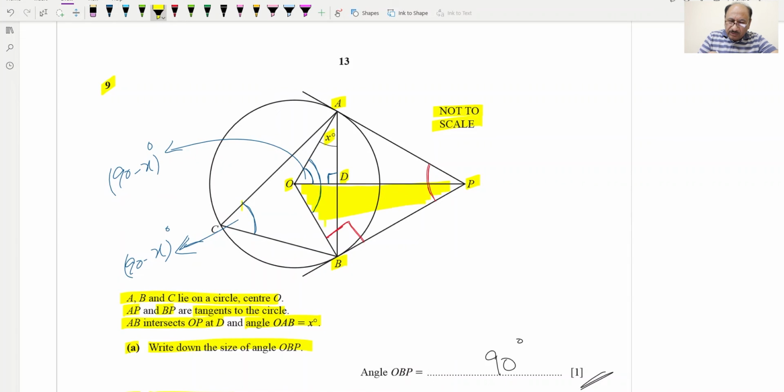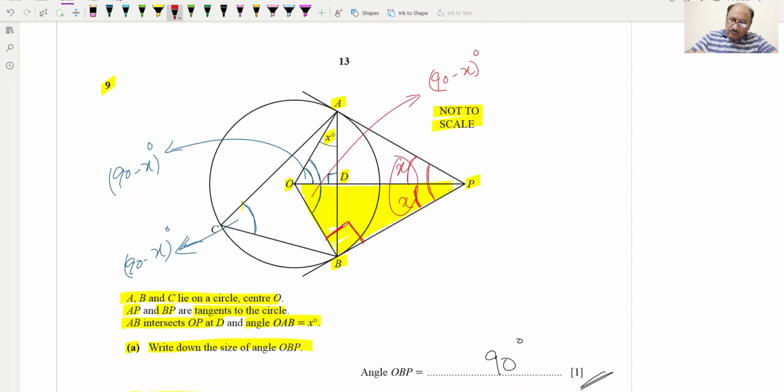In the lower triangle, we know that this angle is 90 minus x degrees, and this angle OBA is 90 degrees. So this remaining angle will be x, and this will also be x.